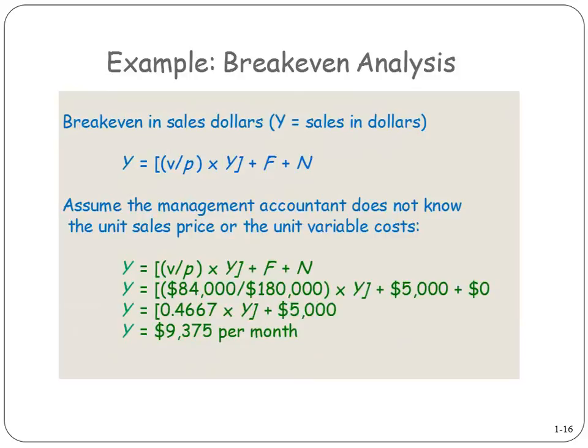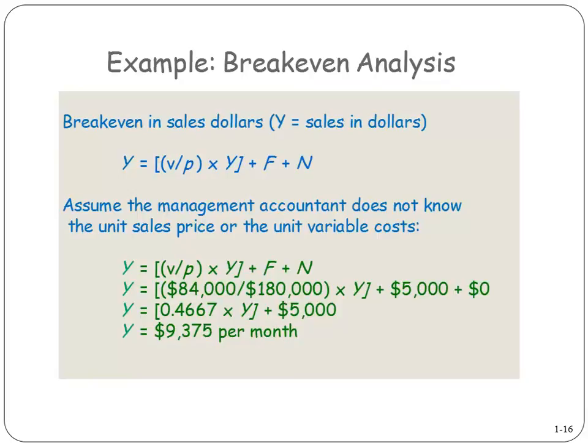If we want to do it in sales dollars per month rather than units, your sales dollars are your fixed costs plus 0, divided by your contribution margin ratio, which is total revenues minus total variable cost over total revenues.